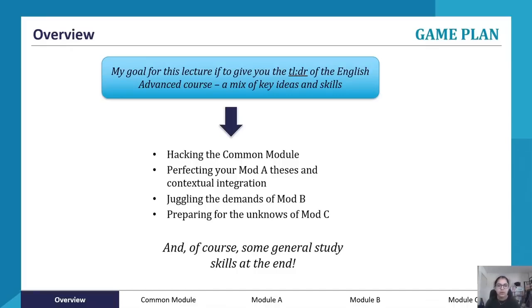We're going to hack the common module, look at perfecting our Module A thesis, and talk about contextual integration, because that's one of the key areas where Module A essays tend to lack. We're going to look at juggling the demands of Module B, because there's a lot going on there, and at preparing for the unknowns of Module C. In the end, we'll also go through some general study skills and tips for the exam.